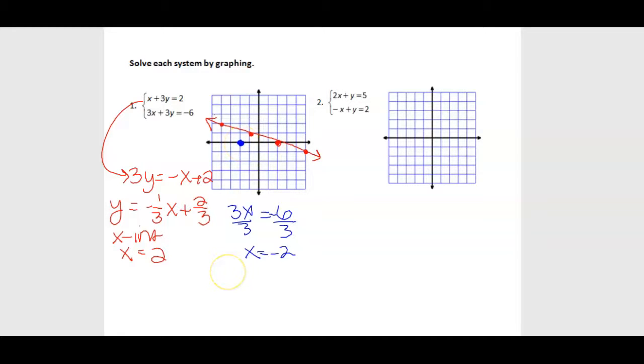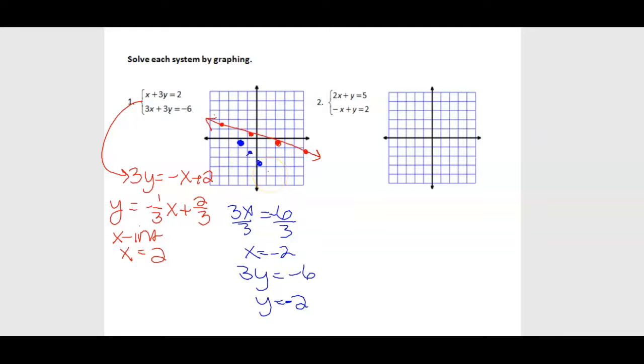And then when x is 0, y is also negative 2. So that makes the slope of this line what? Negative 1, yes. So it's going down 1, right 1, down 1, right 1, etc.